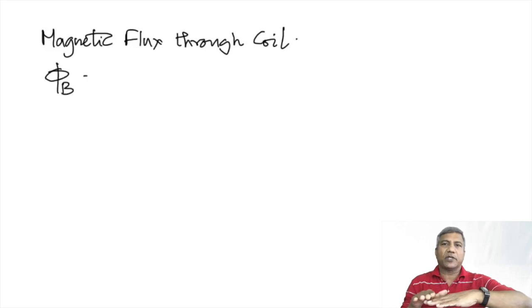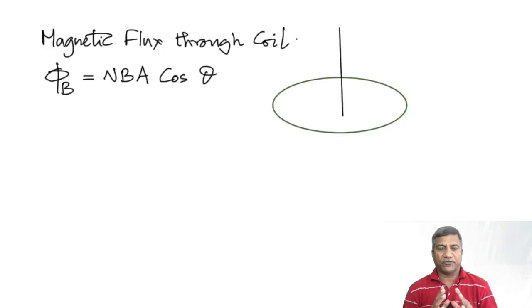It's an important case of trying to find the magnetic flux through a coil. Now here what's very important is, when you take the angle, you do not take the angle with the plane of the coil. Instead, we take the angle with a perpendicular drawn to the coil. So that's very important.